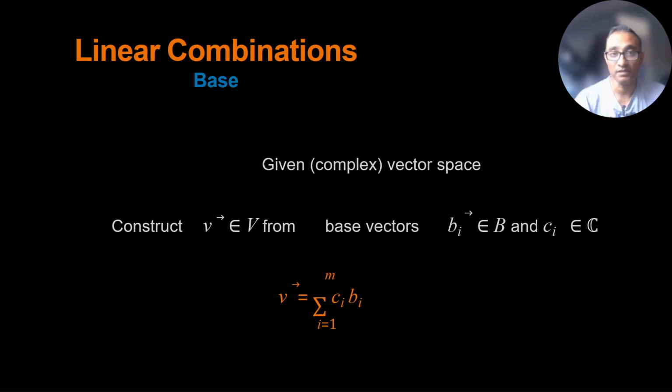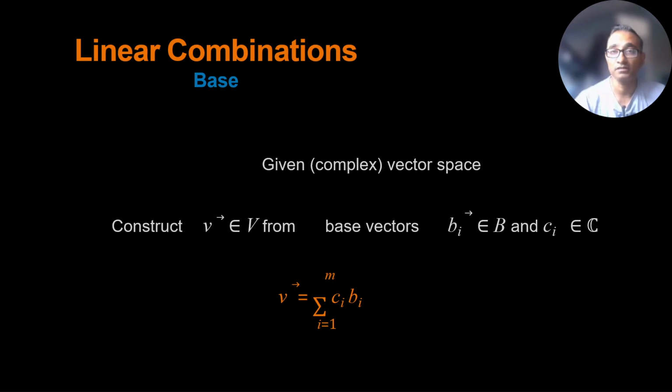Saying this mathematically, given a complex vector space, you can construct a vector v belonging to the space from base vectors b belonging to some vector space B which is part of the complex vector space, and c which represents the complex space in the wider complex space that we are talking about.